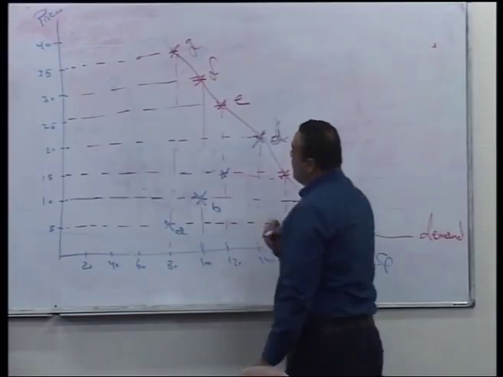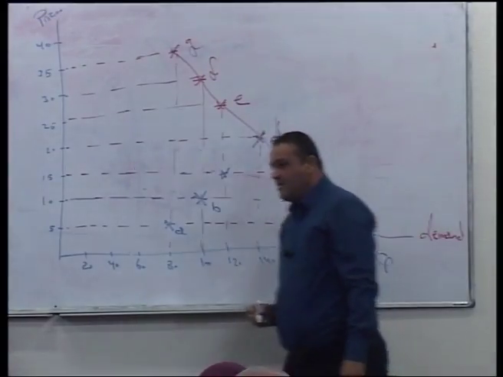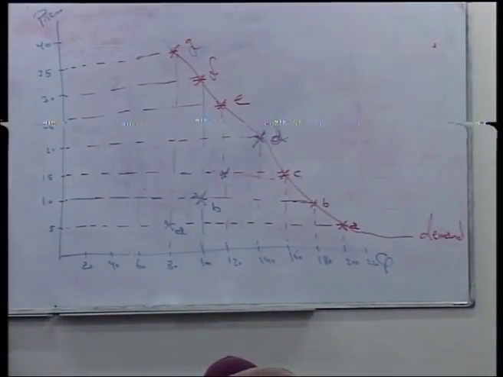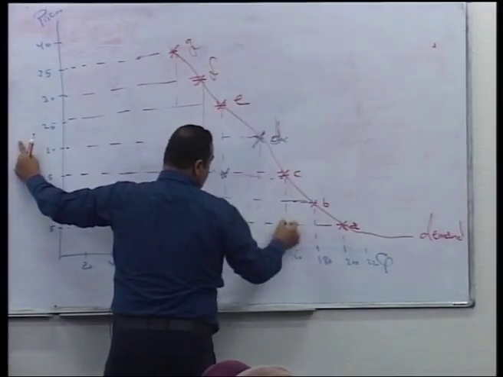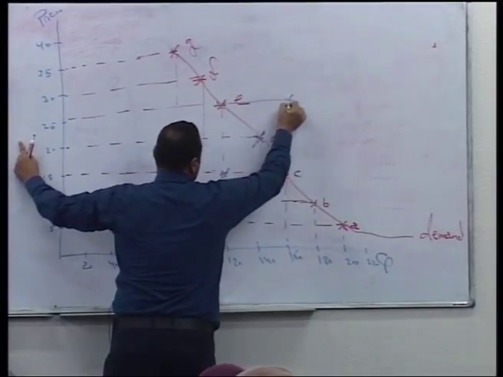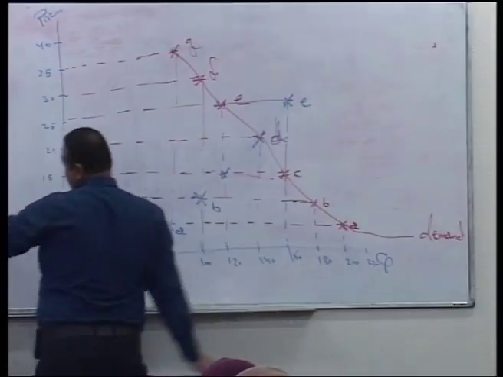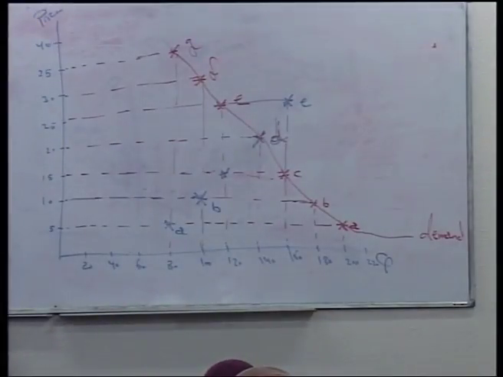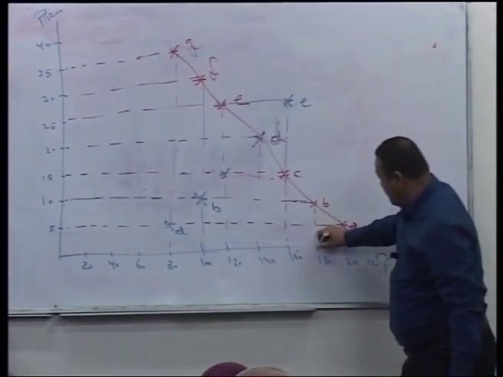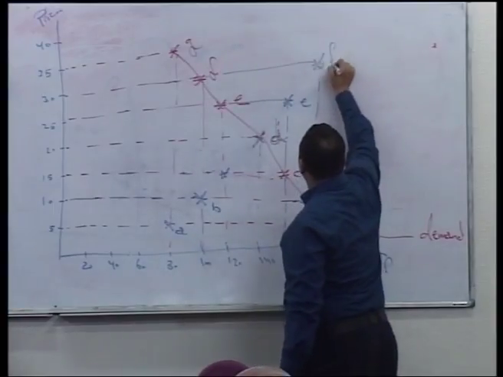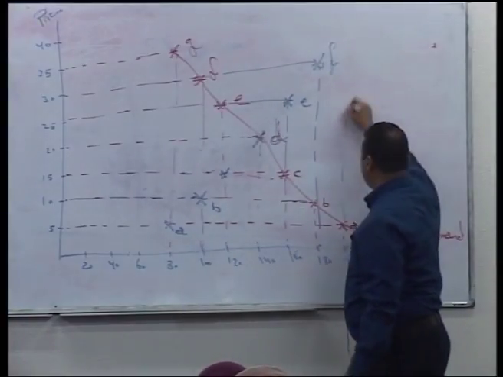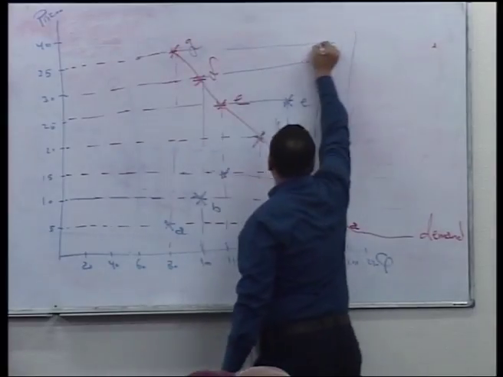D. 25, 160. E. 30, 180. 180 and 30. And the last point, 35 here.